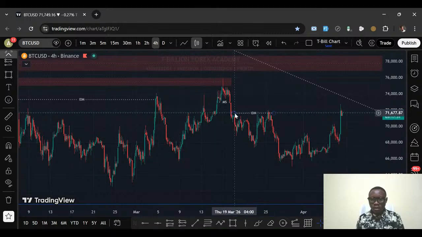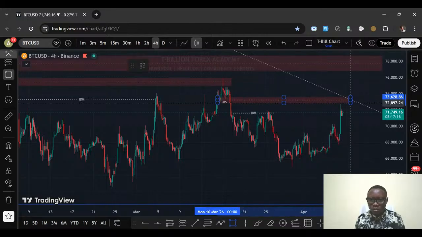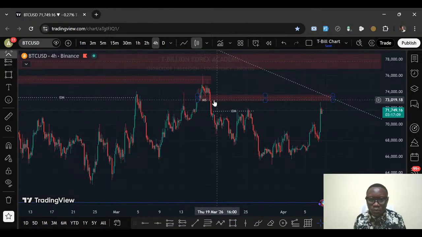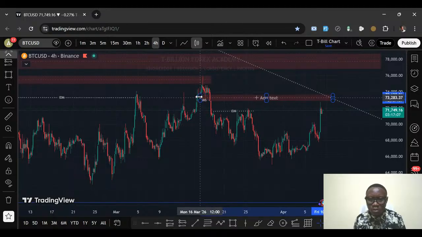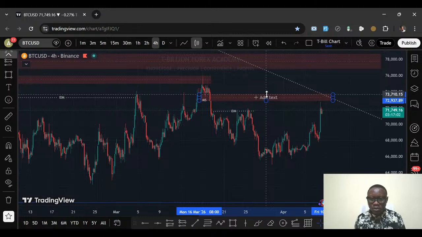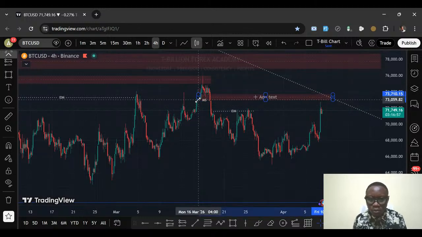And currently, we're expecting price to react at this breaker block zone right here.